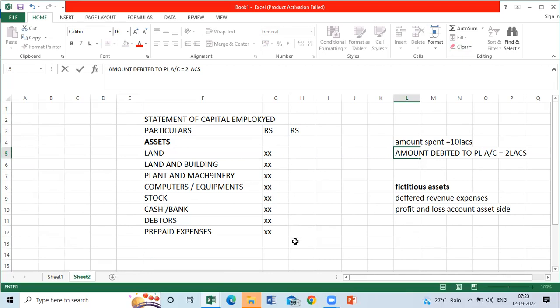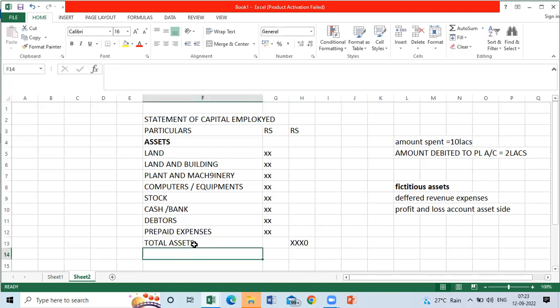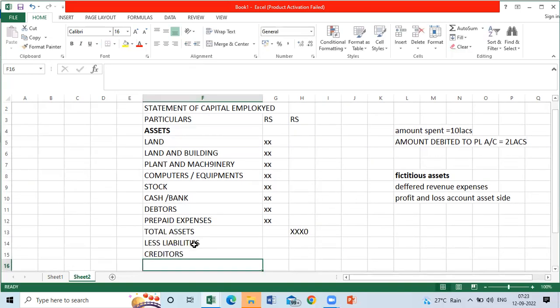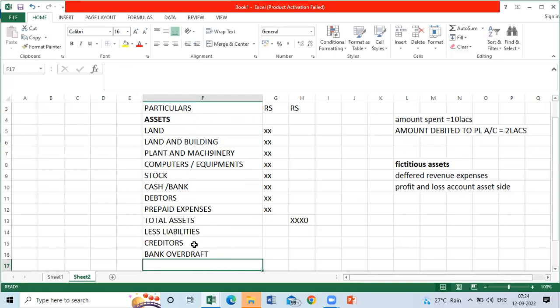So I take all the assets. यहाँ पे मैं लिखूँ मेरा total assets. इसका total हो गया. Out of this, I will subtract all the liabilities. When I say liabilities, I am talking about external liabilities: bank OD, it is overdraft, creditors, loan from bank, loan from friends, loan from wife.